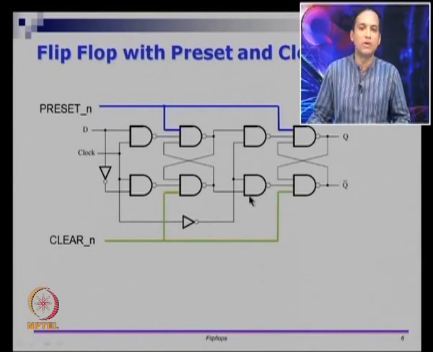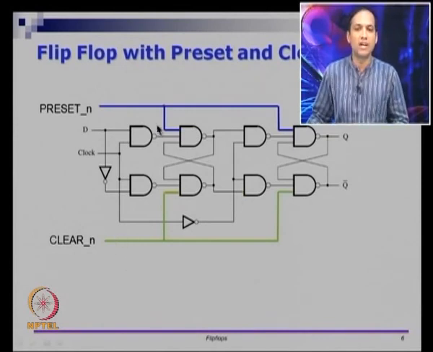That would mean it is a gated SR latch. So, this part is a gated SR latch, this part is also a gated SR latch, and before the gated SR latch there is a common D that is coming to both. So, this part is a D latch. So, you have a D latch followed by a gated SR latch here, alright.